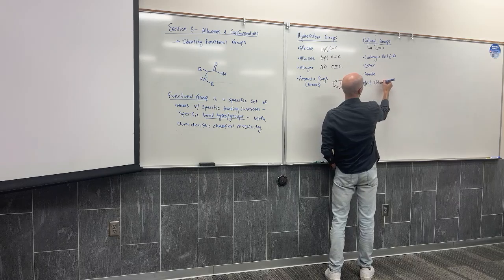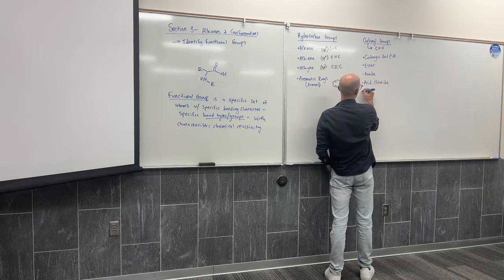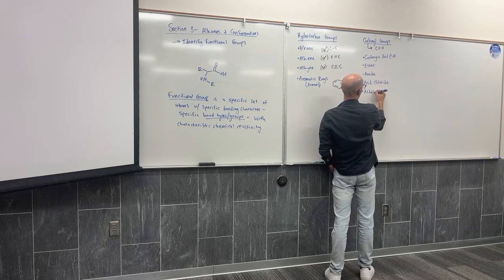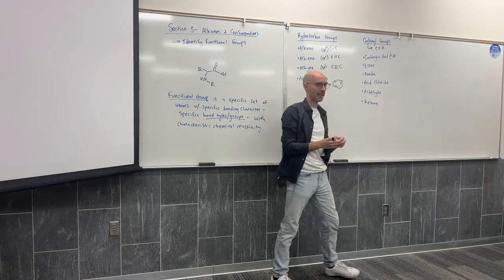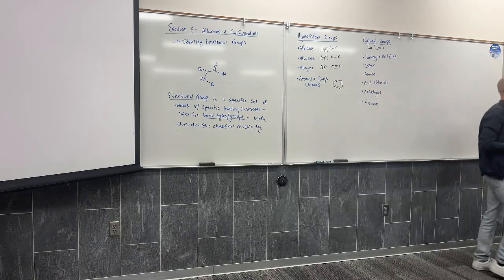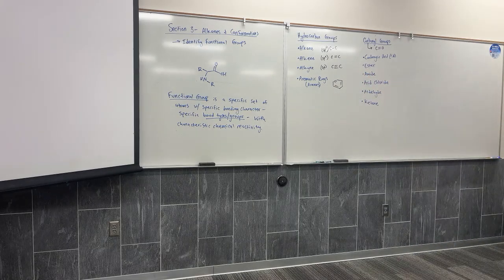The acid chloride, the aldehyde, and the ketone. That's just a selection. Actually, the only ones I'm really missing are the acid anhydride and then any that contains sulfur. We're not going to deal with a lot of the sulfur groups this semester. Not that they're any more difficult, they're just less common in the examples that we're going to do.